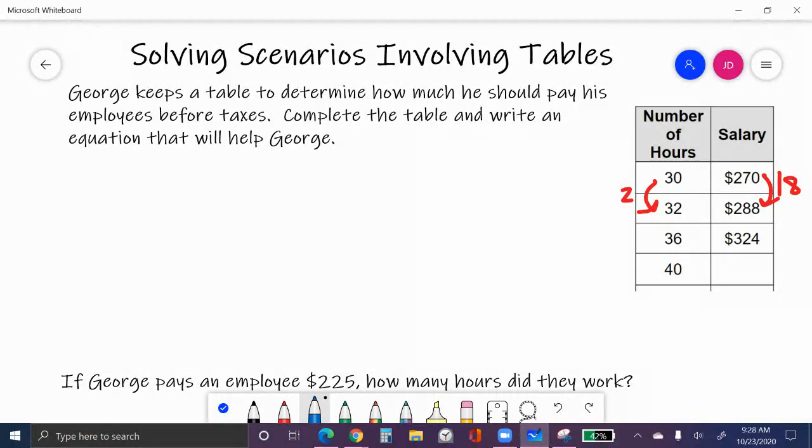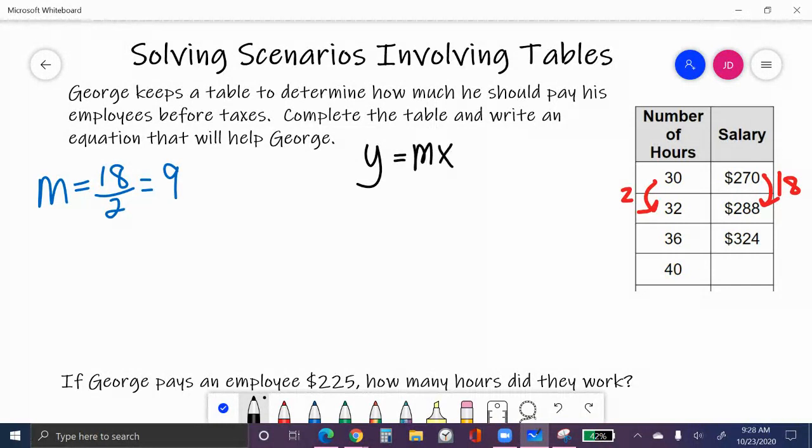So that would be my slope, 18 over 2, which is 9. So my slope is 9. I don't have my y-intercept, so I have to, again, plug it into my y equals mx plus b to figure out what my b is.